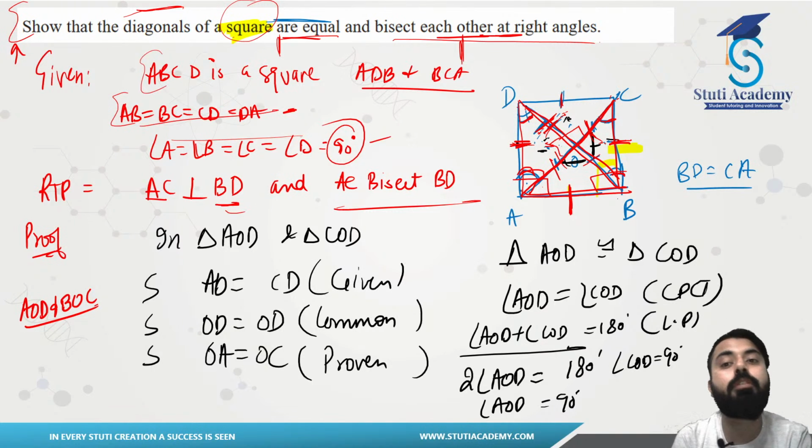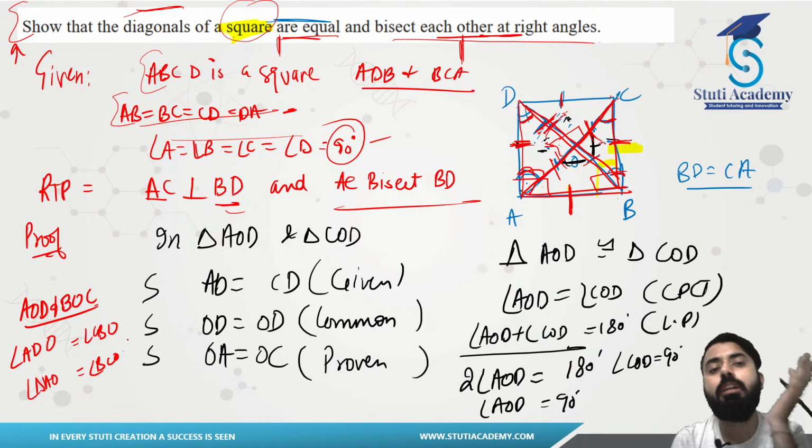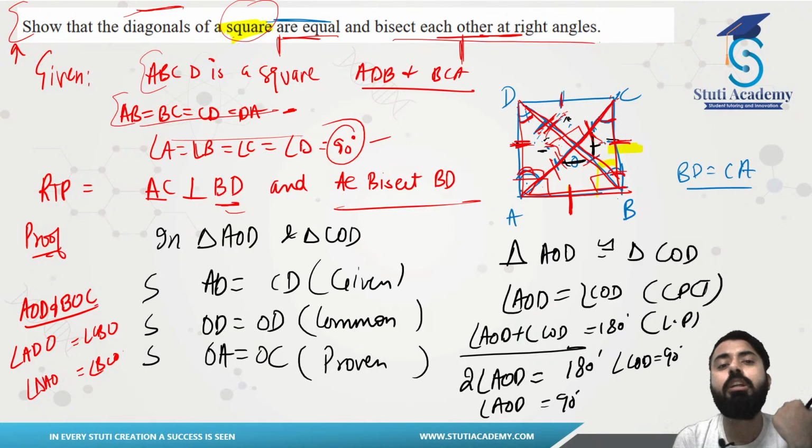In a parallelogram, opposite sides are equal and parallel. So I could say angle ADO was the same as angle CBO and angle DAO was the same as angle BCO, alternate interior angles, and we had proved that the diagonals were being bisected. That means OA was equal to OC and OD was equal to OB.